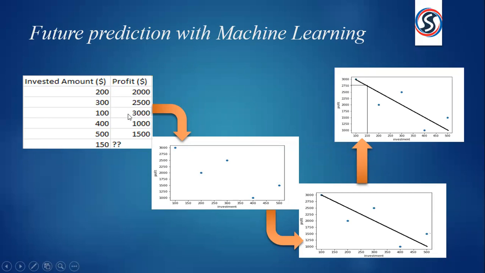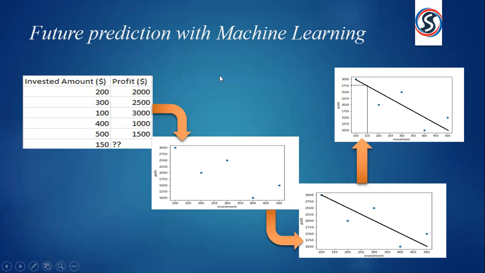So now, can you just imagine? Can you tell me whether it is directly proportional or inversely proportional? Because we know directly proportional means that with my increased amount, my profit will also increase, right?